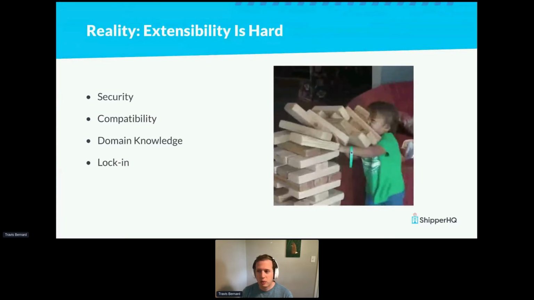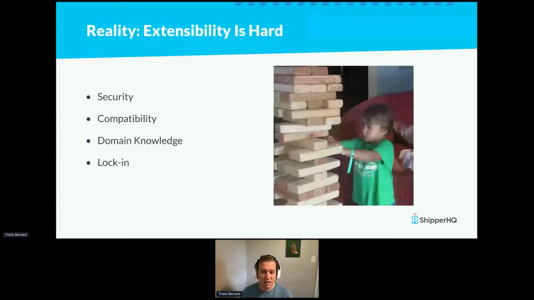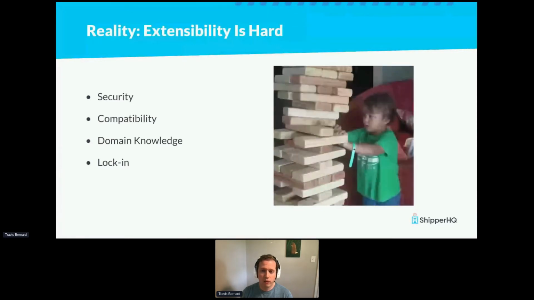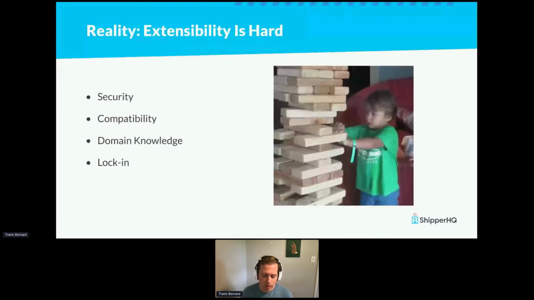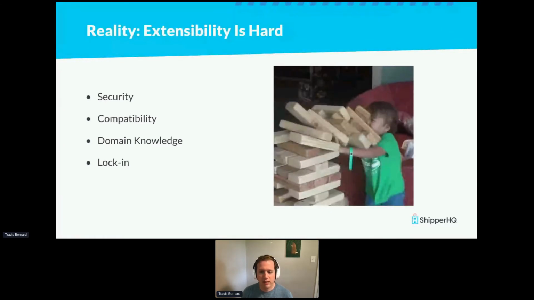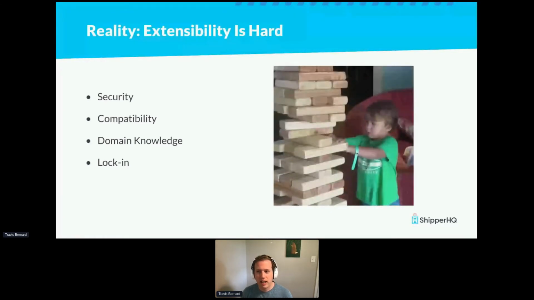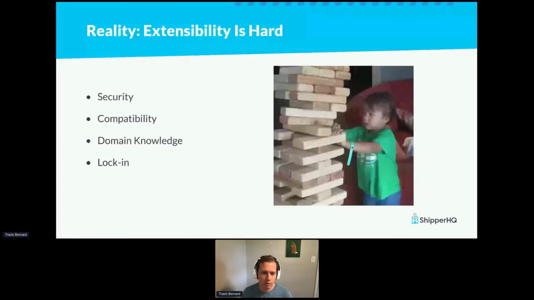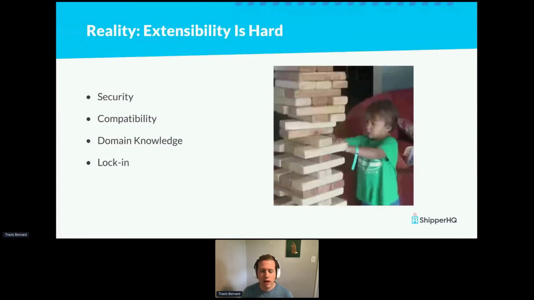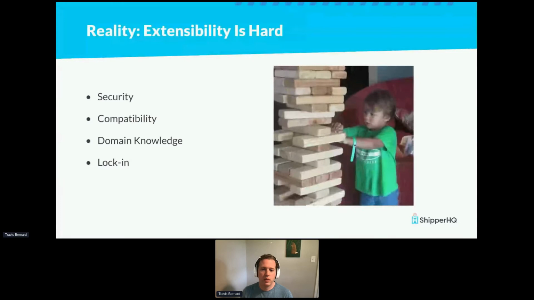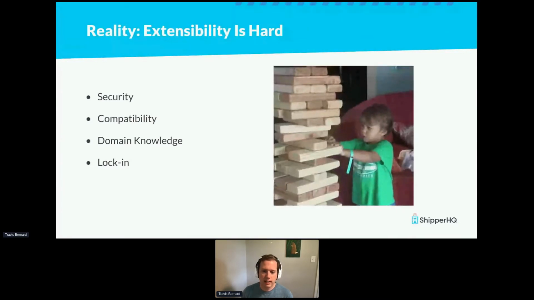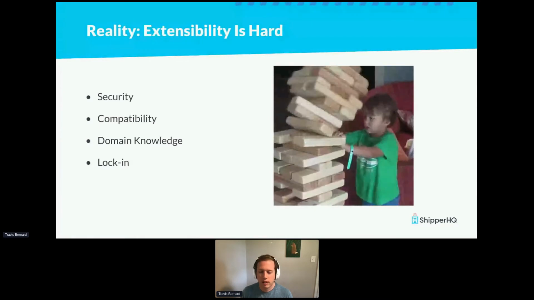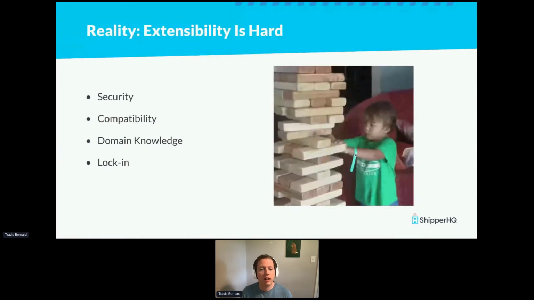Extensibility also comes with necessary domain knowledge. If we're working to extend Magento, I think we all know Magento's full of XML files. There's the DI XML file. There's your different layout XML files. Those all kind of constitute a domain-specific language for the Magento product, and that's knowledge that we have to keep up with, and things that we have to train our staff in.